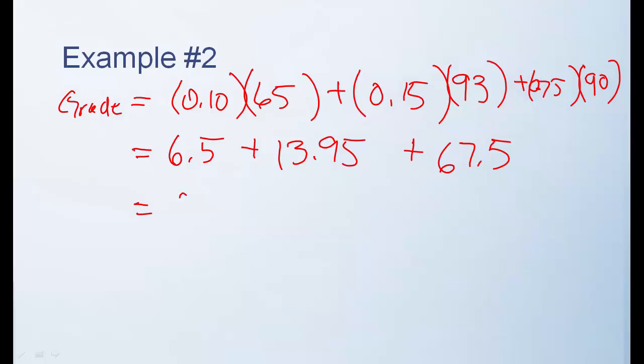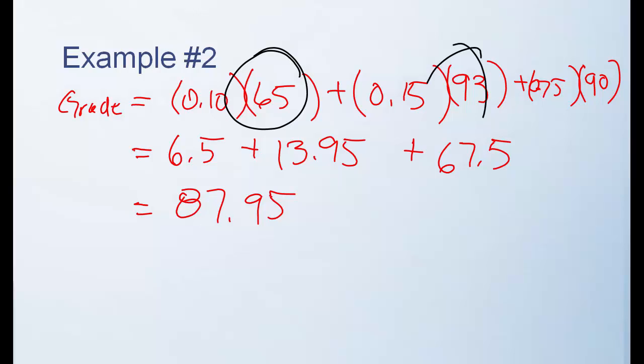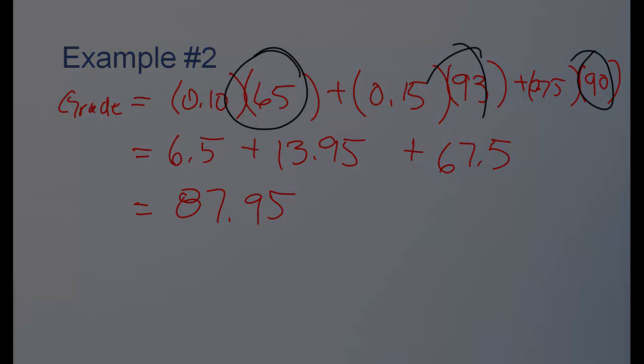And when you add all this up, you get 87.95. So Joe's going to score about an 88% in his chemistry class. And notice if we go back and look at his grades, he did not score an 88 on any one component. He had a 65 here, he had a 93 here, he had a 90 here, and yet his aggregate grade, or his weighted average grade, is an 88%.